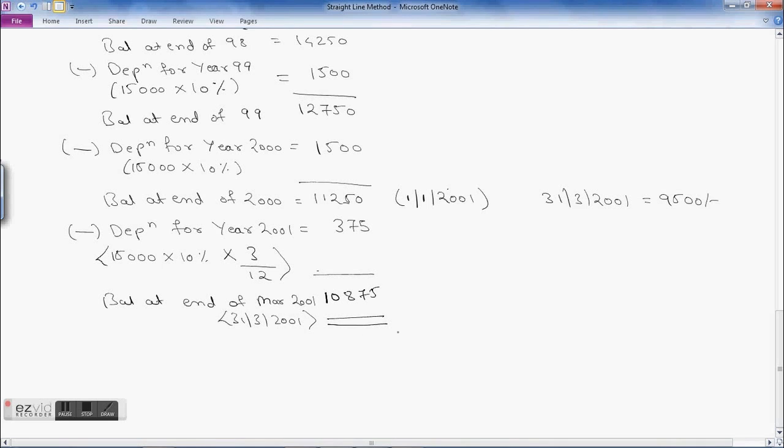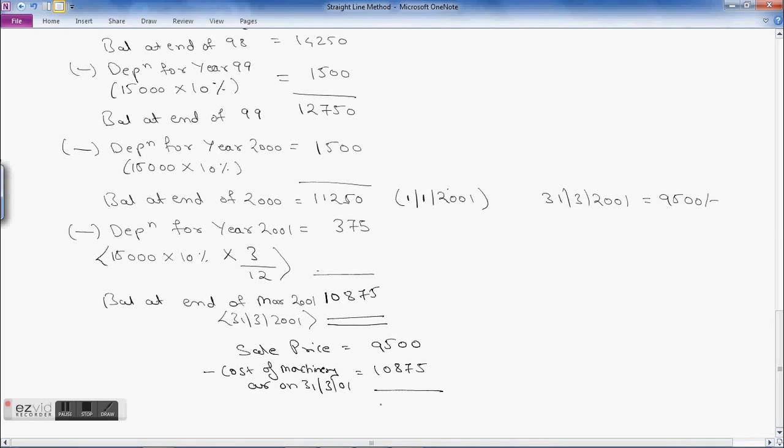Now we have sold the machinery for 9,500. So the sale price is 9,500. Now this balance is nothing but the cost of machinery as on 31/3/2001. It is 10,875.